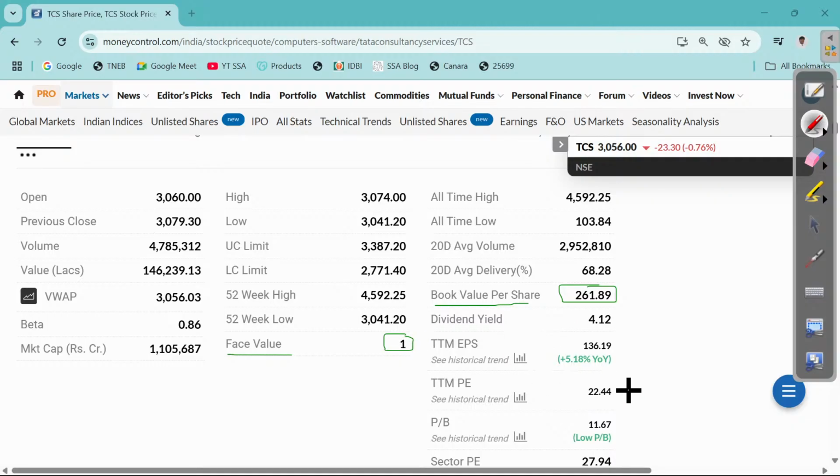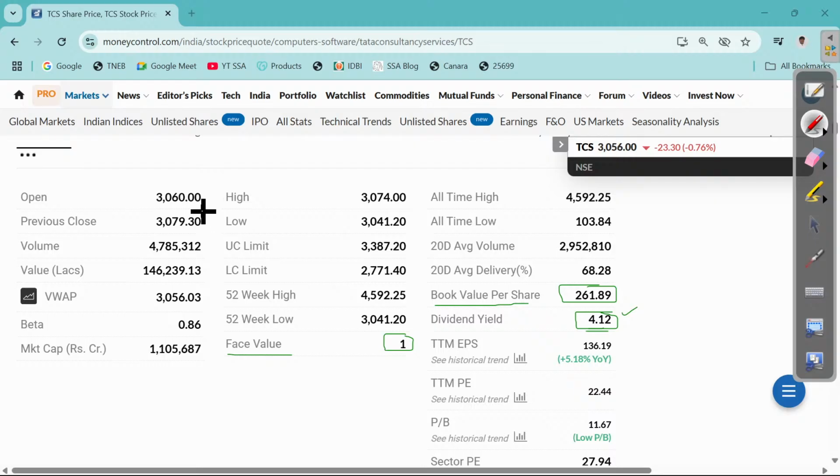Surprisingly, the dividend information is missing here. But you have been given dividend yield. Dividend yield is different from the dividend percentage. When dividend yield is given, this is 4.12 percentage offered for the value of the share.